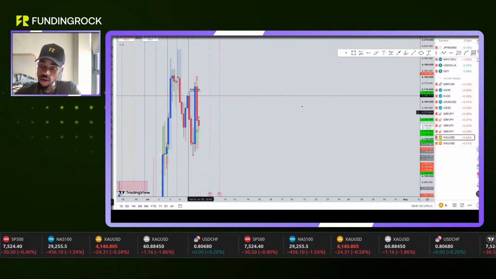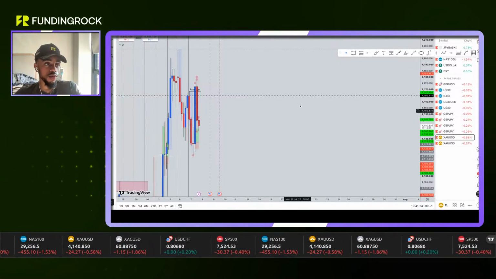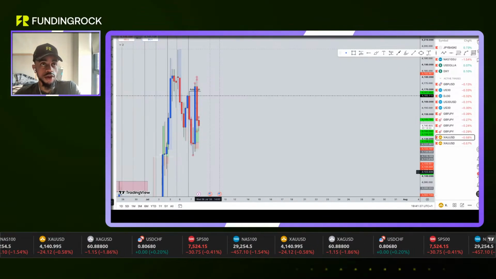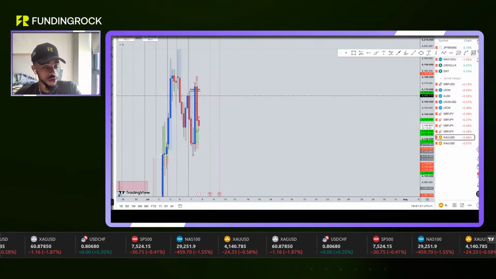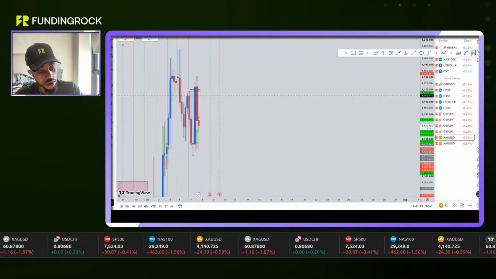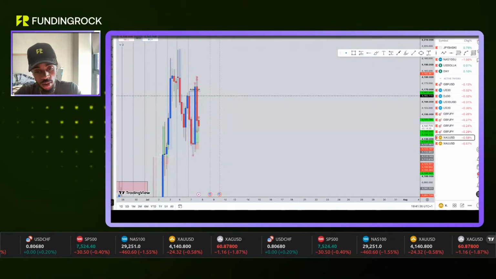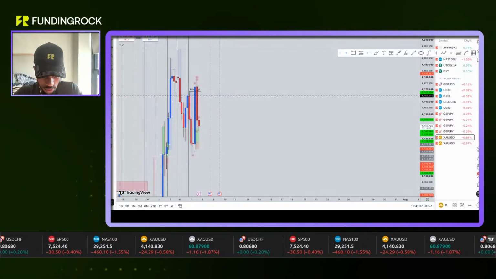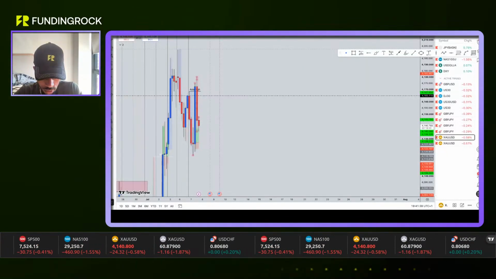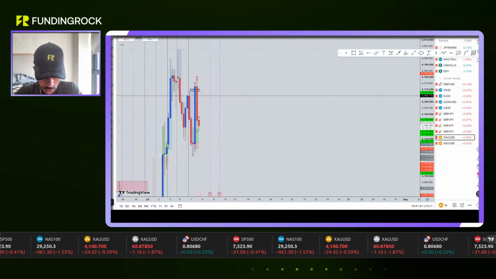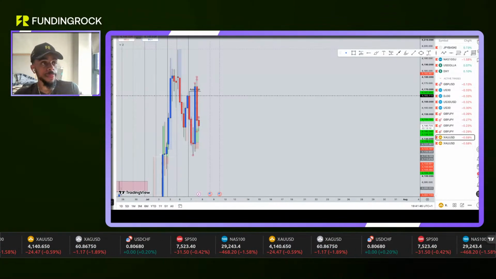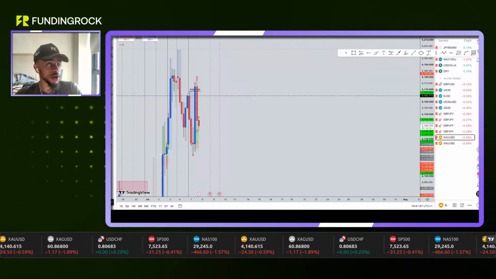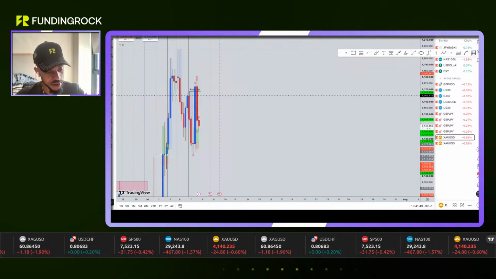Please tell me you guys can see that inverse head and shoulders and it's not just me. I see this thing clear as day. That inverse head and shoulders can't even be denied.